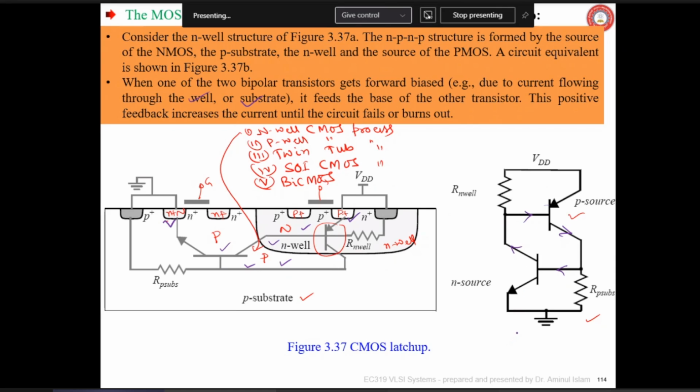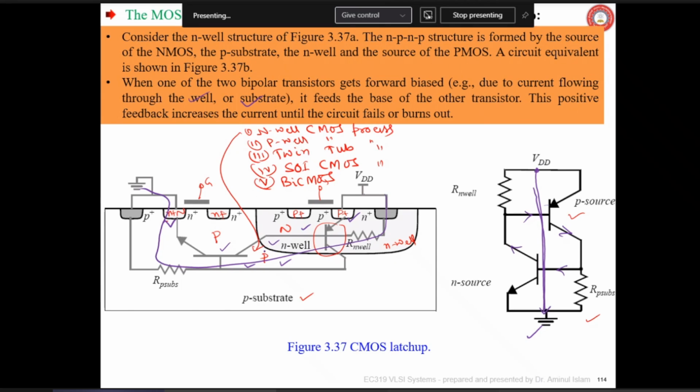This is the configuration if you redraw it. So this positive feedback increases the current until the circuit fails or burns out, until a short circuit path exists. This multiplication of current will continue and a low resistance path will be formed in this way. Once it is happening, a low resistance path is going to form through this to the ground.